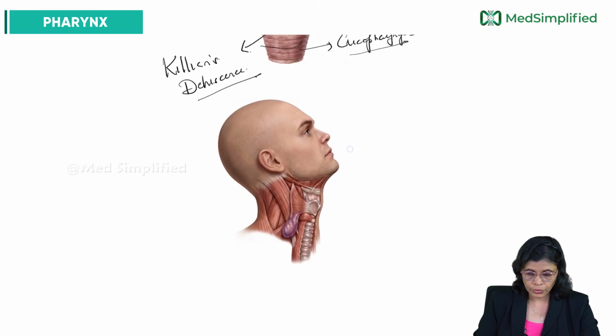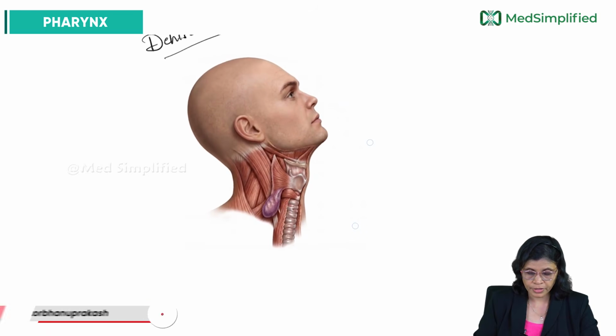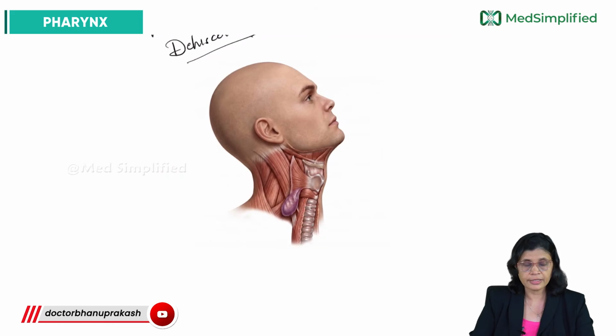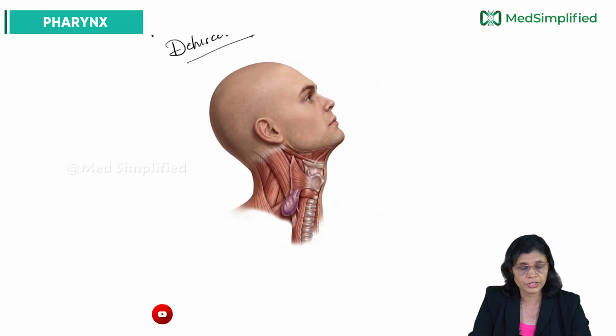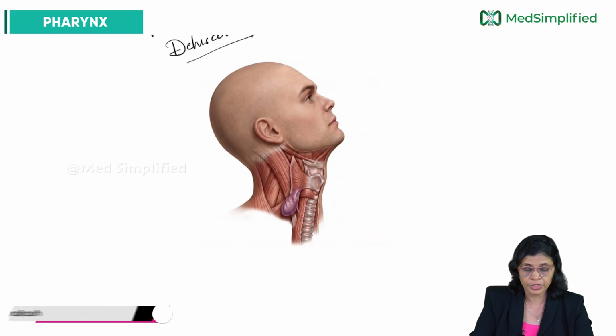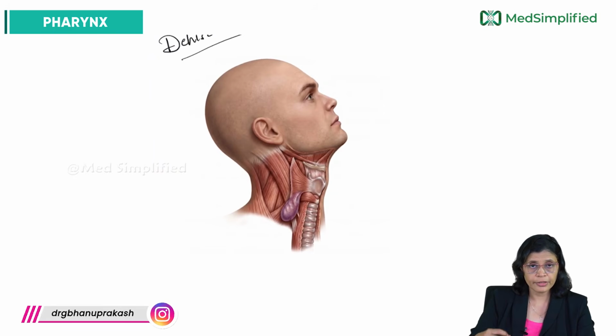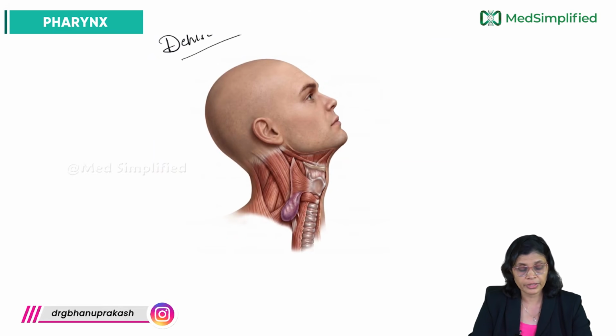So this is very important. Now the action of the constrictor muscles: they contract reflexly during deglutition. They are mainly responsible when we swallow food, and they induce a wave of peristalsis in a caudal direction.